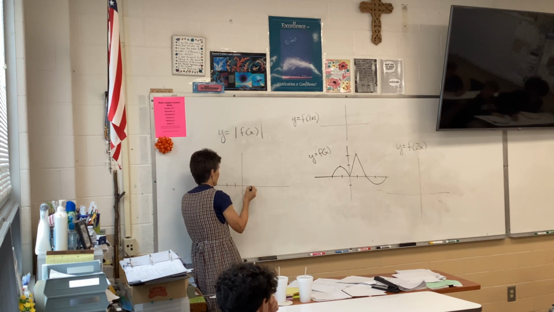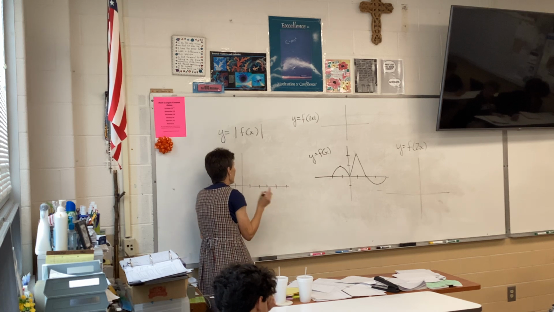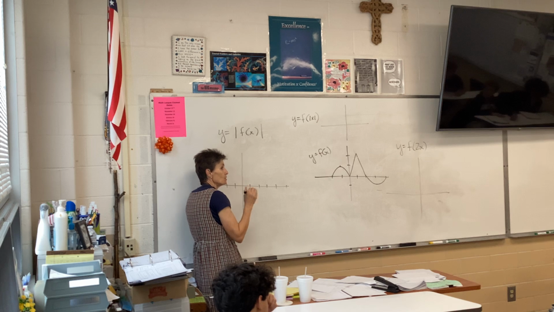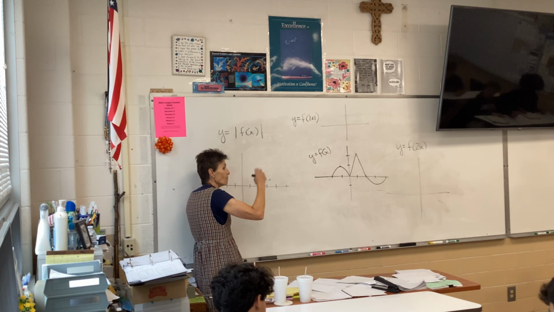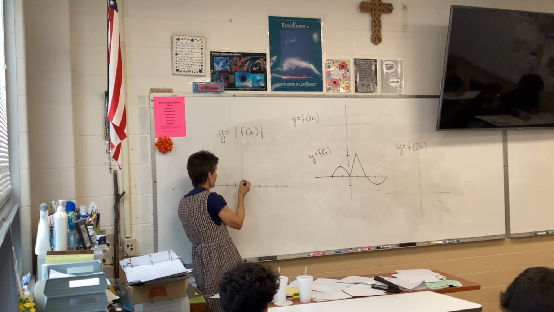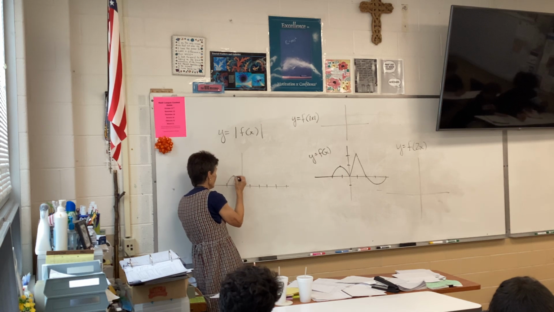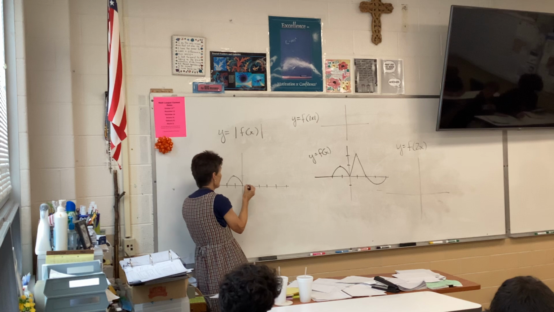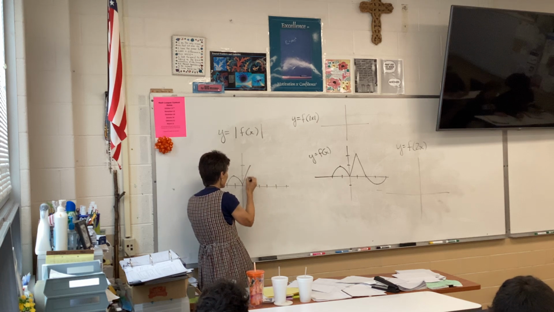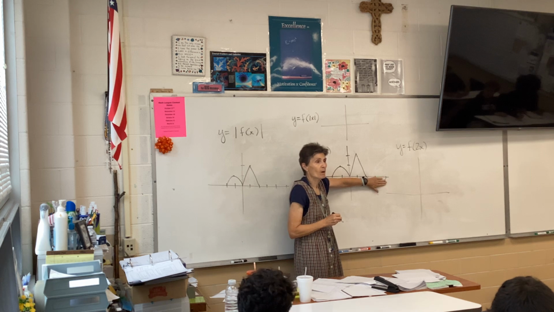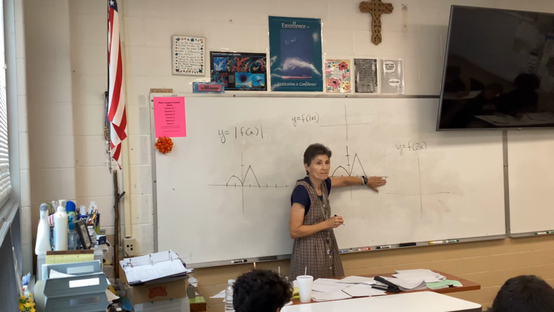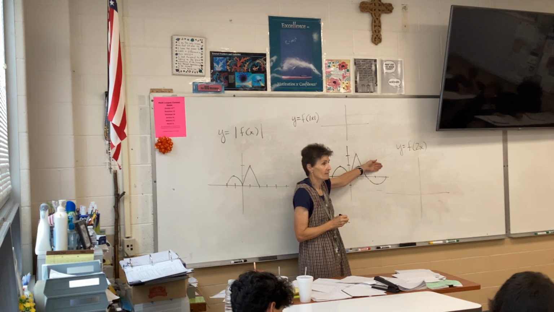You flip it upside down. You don't flip it upside down. Bottoms up. So only the bottom changes. So this circle here is going to stay the same. The triangle is going to stay the same. But the negative part of the picture becomes positive.